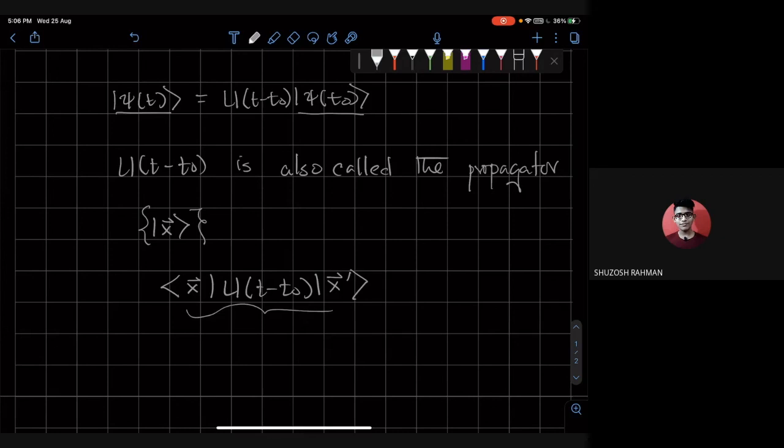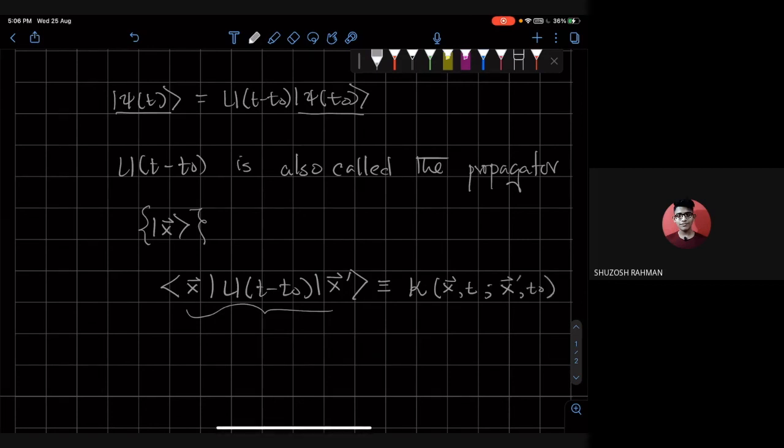This is no longer an operator because you've sandwiched it between two states. So let's call this K, and K is a function of x, t as well as x prime, t0 or t.